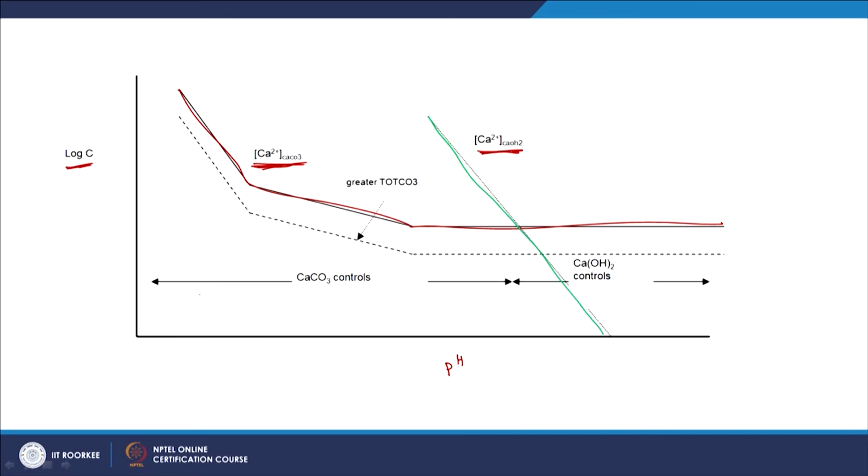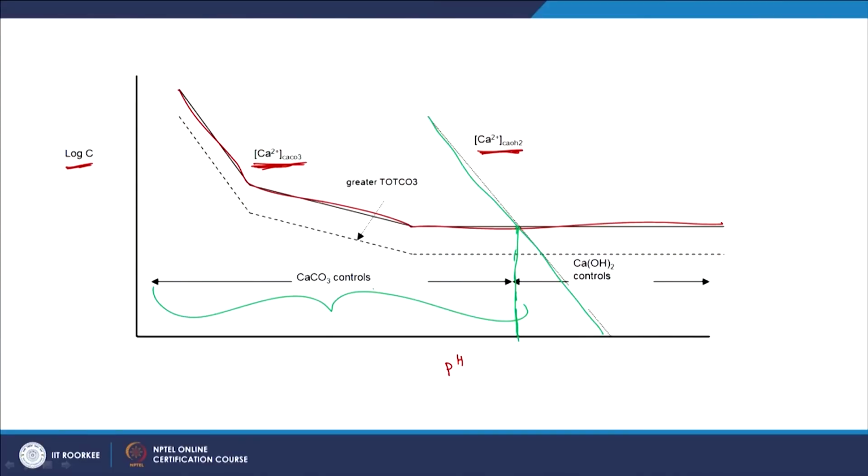Obviously in all this region, until this point, which solid will predominate? Obviously that particular solid which will give the lowest concentration of calcium. As you see, in this region the Ca2 plus at CaCO3 is less than the Ca2 plus at Ca(OH)2. So until this pH, where you see this intersection, this is from the theoretical log C pH graph, you can get this from Mintek or such.